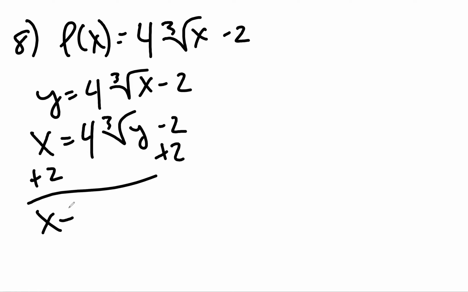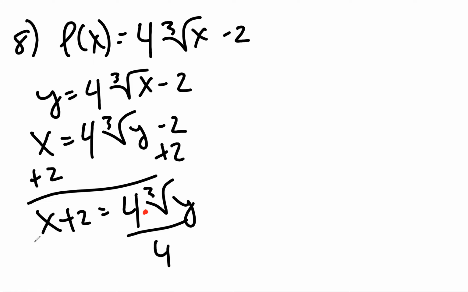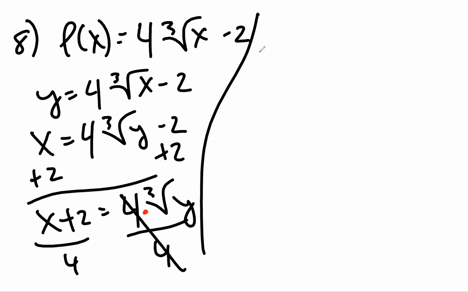So I'm going to get x plus 2 equals 4 cube root of y. And then, if we remember, there's a multiplication sign between this number and this cube root symbol. And so what's going to have to happen is I'm going to have to divide both sides by 4 in order to get rid of this 4. So that's going to leave me with (x plus 2) over 4 equals the cube root of y.